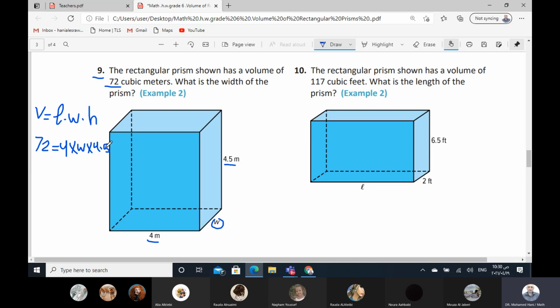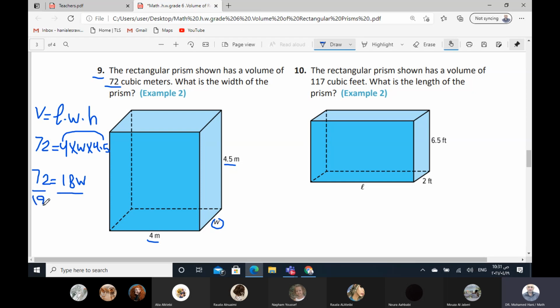Now we have an equation. We want to solve this equation. The first step, we want to find the product. 4 times 4.5 will be 18. So we can write 72 equals 18W. Then take the coefficient and divide the two sides by the coefficient.